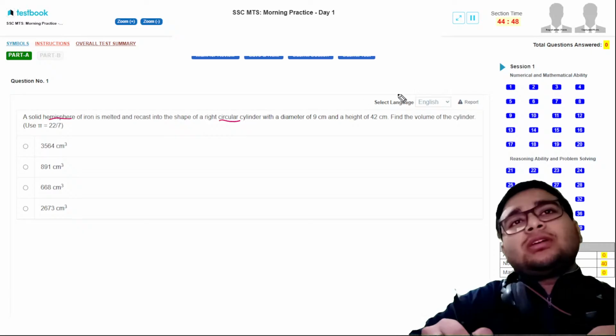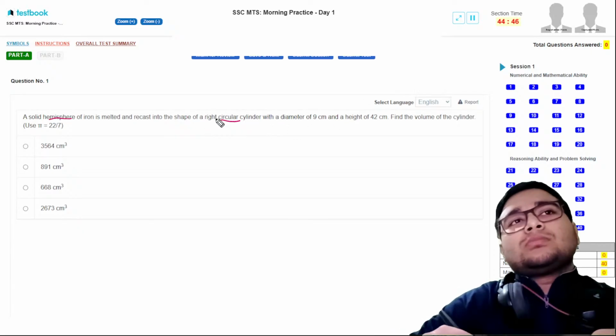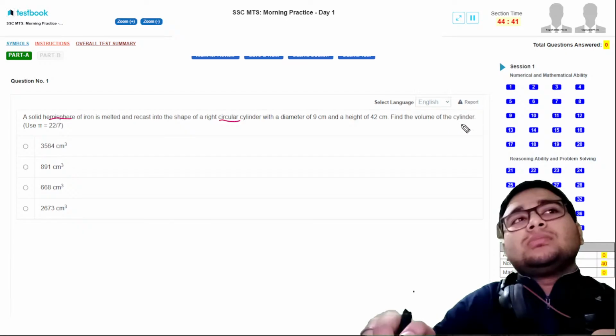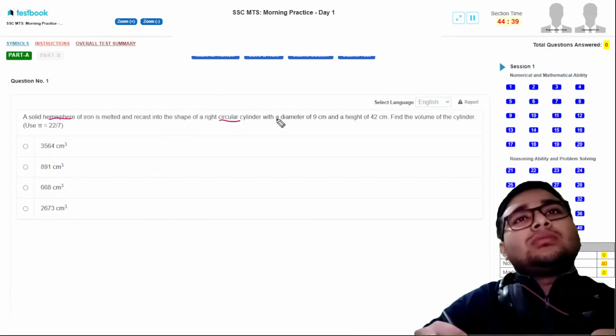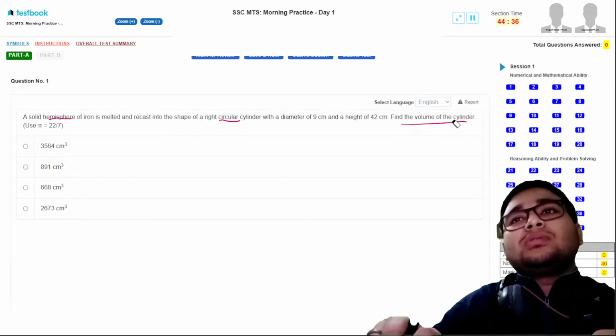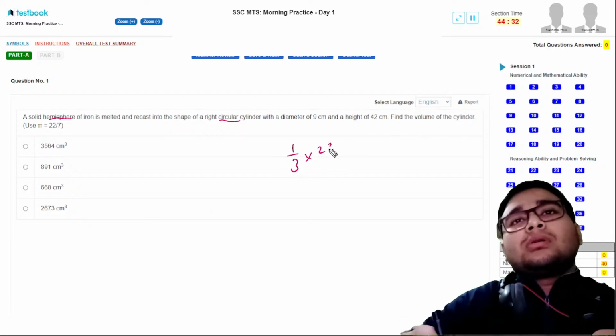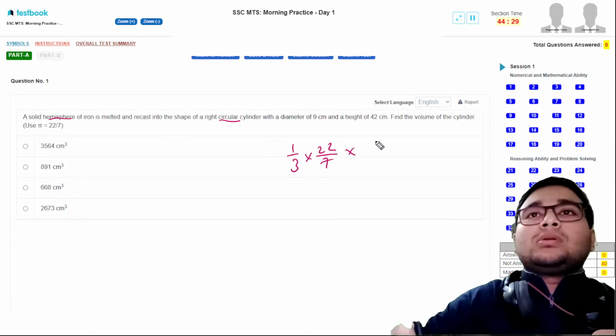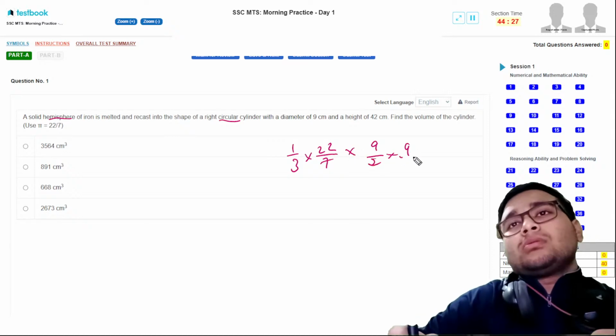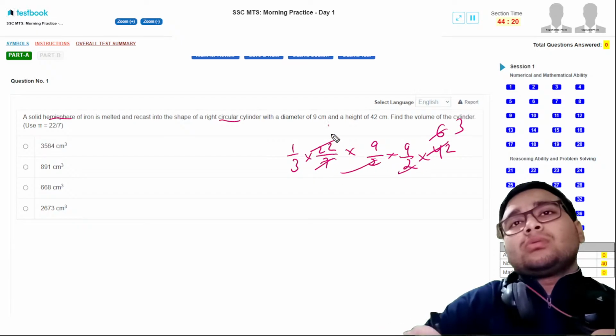Sphere, cylinder, the diameter of 9. Volume 190.